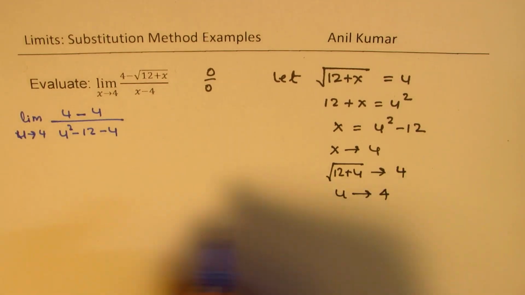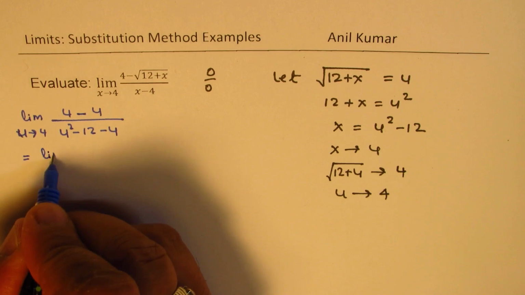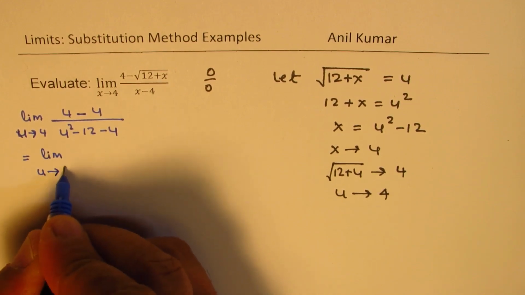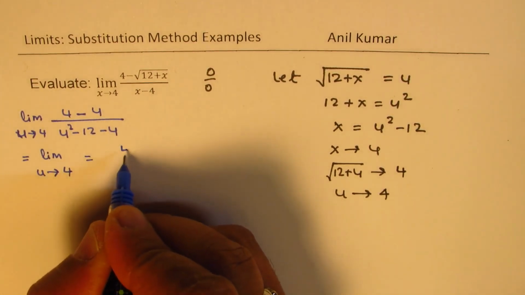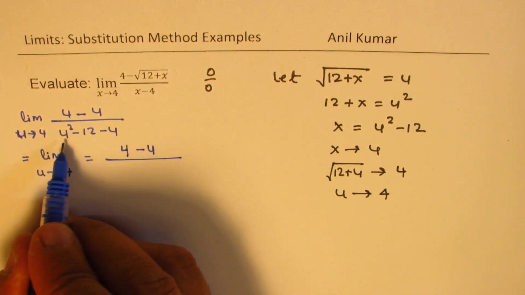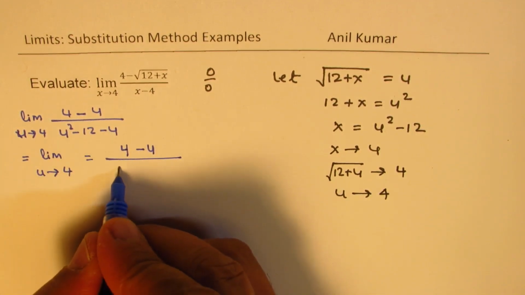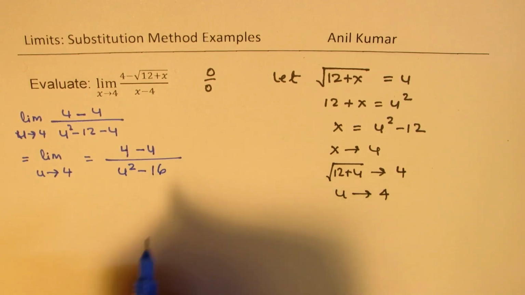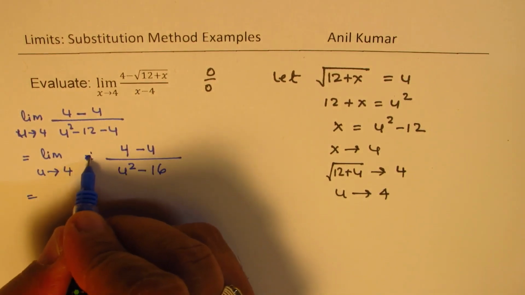Do you see that, right? So that gives you limit u approaches 4, and we have 4 minus u over, now this is 16, right? U squared minus 16. Now, sorry, this is a product.